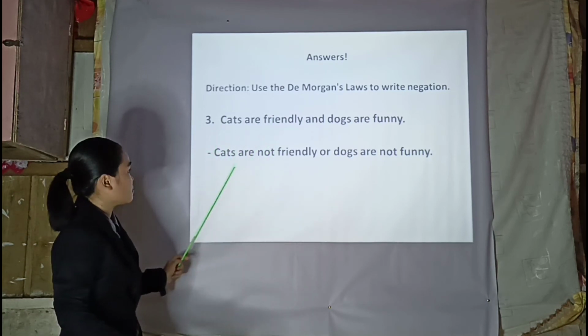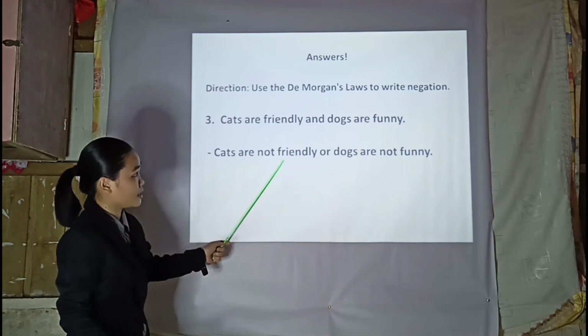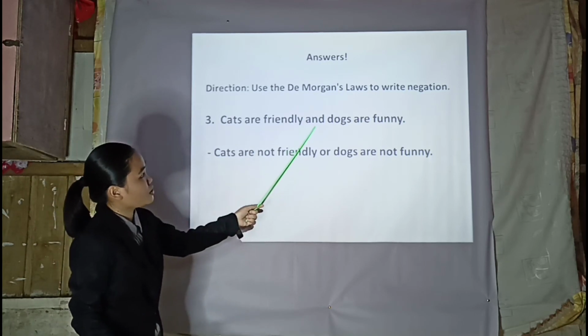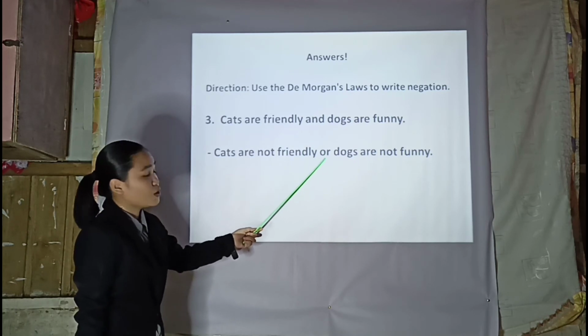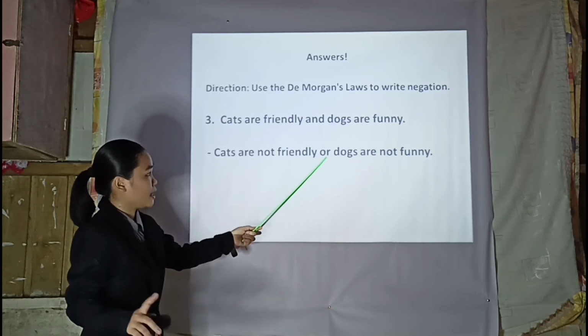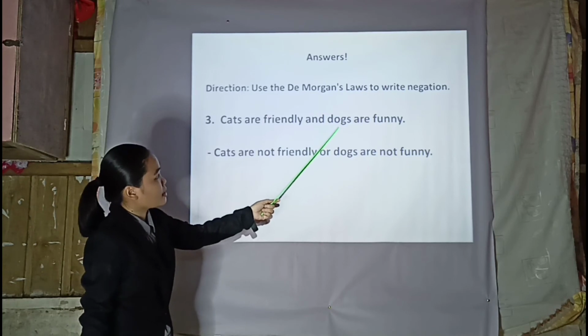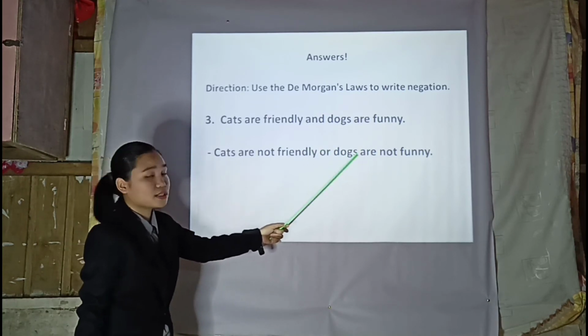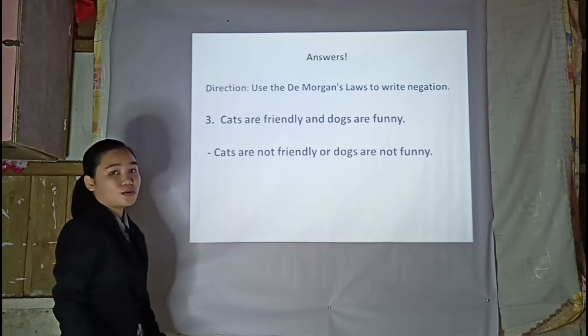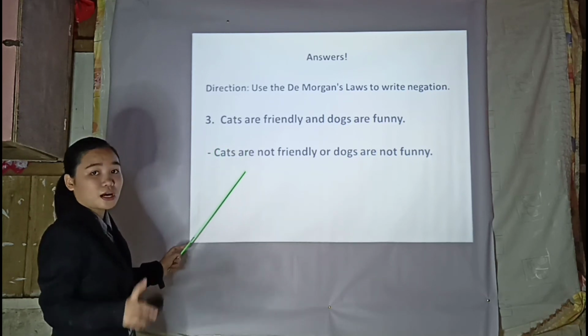And we will negate it. It becomes cats are not friendly. And since we use an and connective here, we will use or to negate. And the statement dogs are funny becomes dogs are not funny. So, from the positive, it becomes negative.